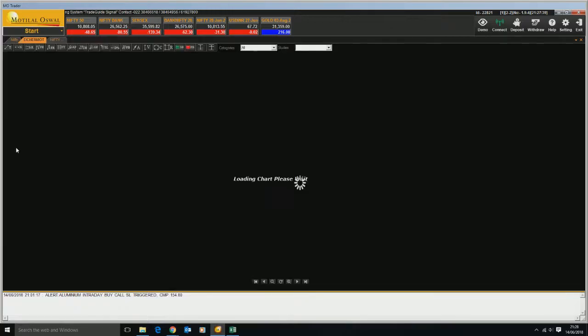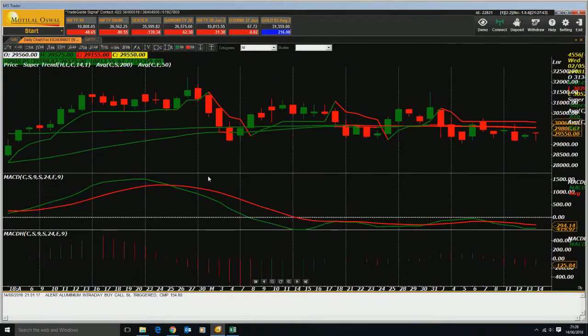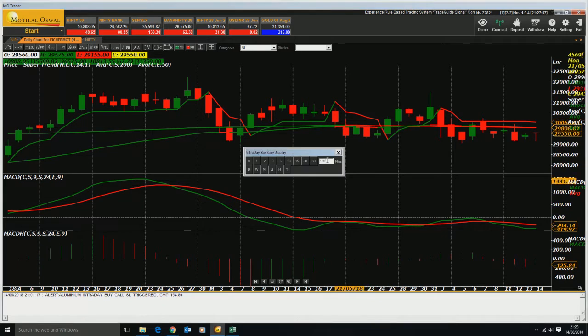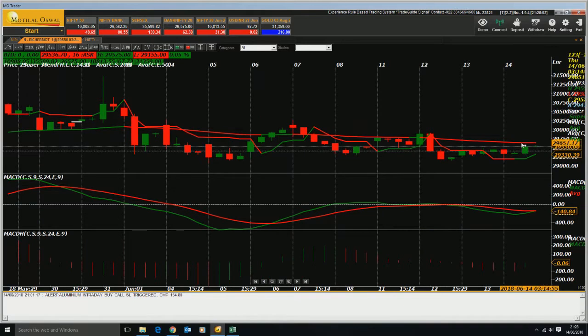Eicher Motor. I see on a daily chart, for approximately 2 months continuously, it is on a sideways fashion. And if I go on to 120 minutes here, I could also see Eicher Motor is more or less sideways.